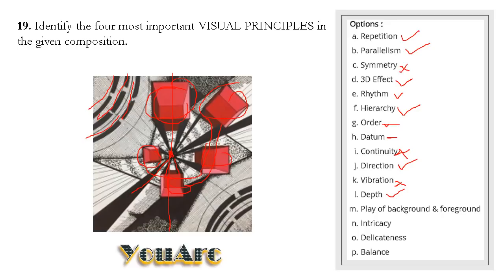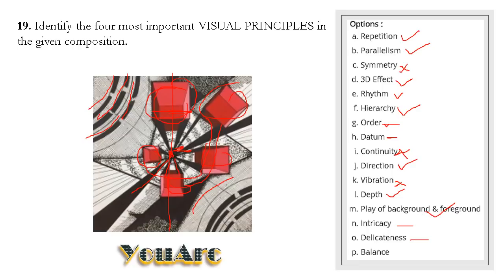It has a play of foreground and background, because we can see this in the foreground and the end point in the background, so we have that. Intricacy, I don't see any intricate details, though we can see some minute details here, but it is not really intricate, much detailed, or complex. So maybe that will be a second option.